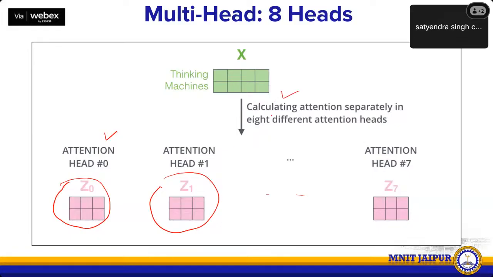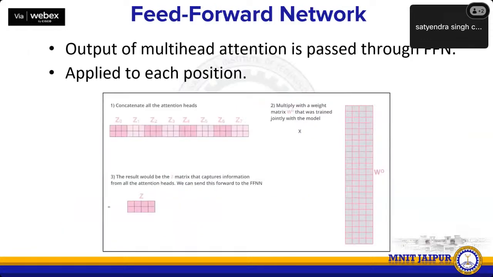So this attention calculation can be done separately in 8 different attentions. Here is an example from 0 to 7, 8 different self-attention heads focusing on different parts of the input. The output of this multi-head attention is passed through a feed-forward network, which is nothing but multiplying with a weight matrix.